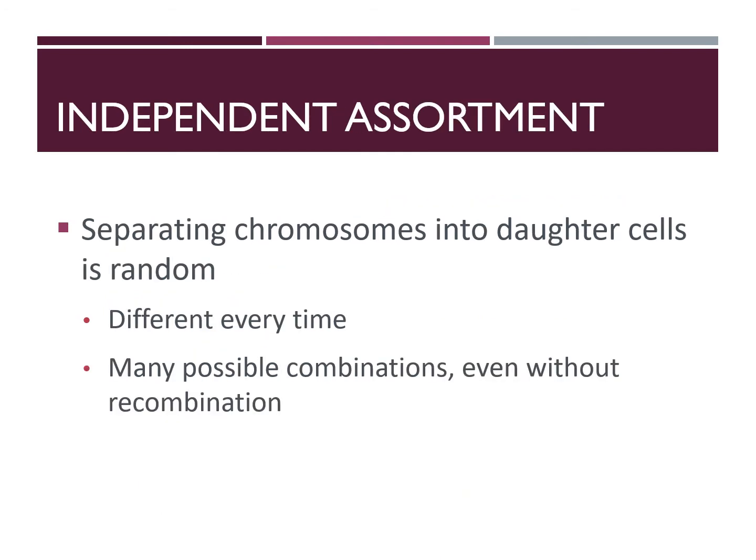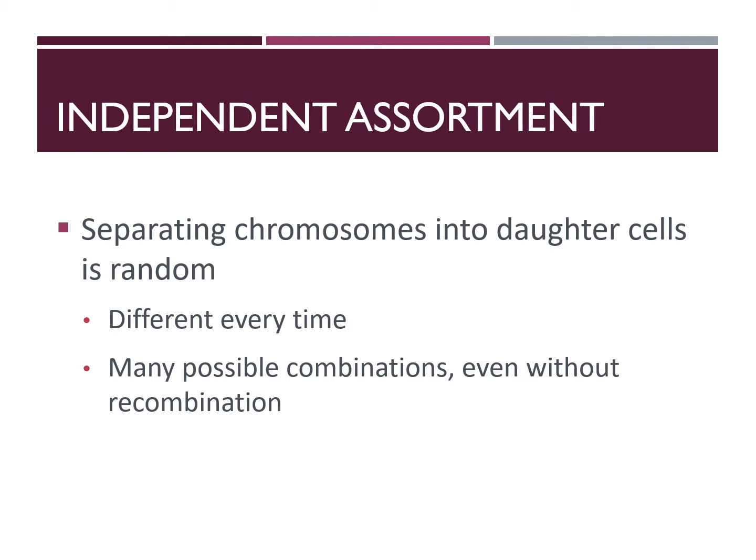Independent assortment is just the fact that each pair of homologous chromosomes can be separated in any direction. So they're not going to be guaranteed to line up with all of your mom's chromosomes on one side and all of your dad's on the other side, and then so you make one egg or sperm with only grandma's chromosomes and one with only grandpa's chromosomes.